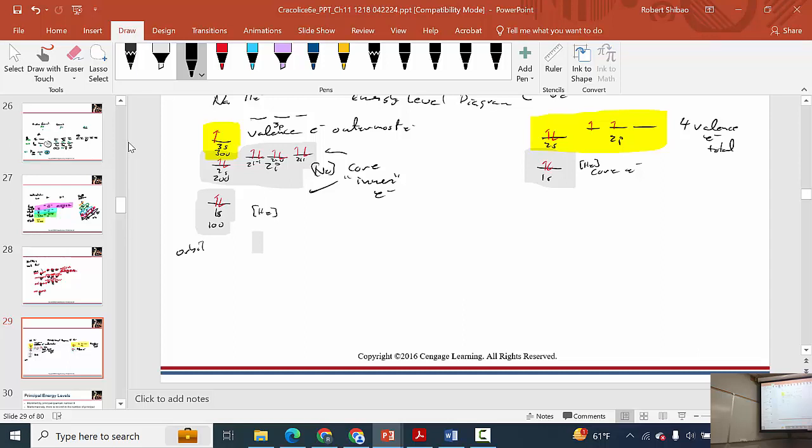And so one thing we could do to decrease the amount of space that's required is do an orbital box diagram, or an orbital diagram for short. I call it an orbital box diagram because for carbon, we draw the orbitals as boxes. So we need 1 box for the 1s orbital, 1 box for the 2s orbital, and then 3 boxes for the 2p orbitals.